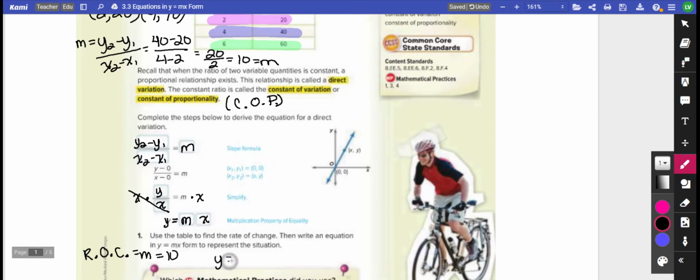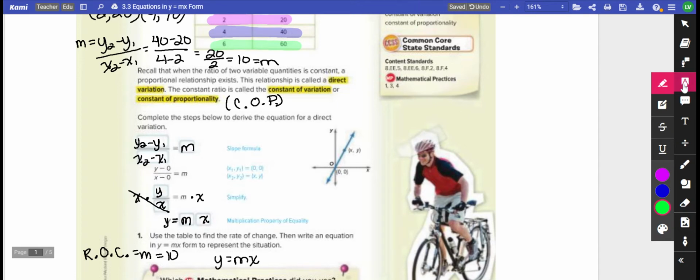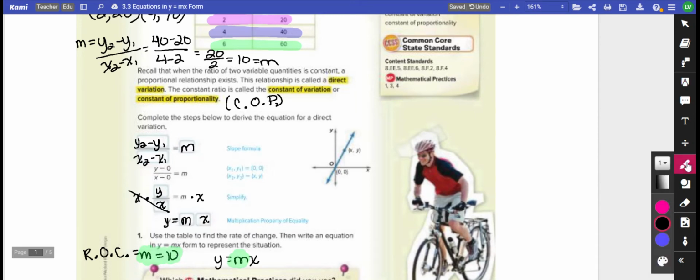So if I have y equals mx, I want to replace my m value with 10, because I know that m equals 10. So this becomes y equals 10x. That is an equation in y equals mx form to represent the situation. This represents that it is $10 per hour.